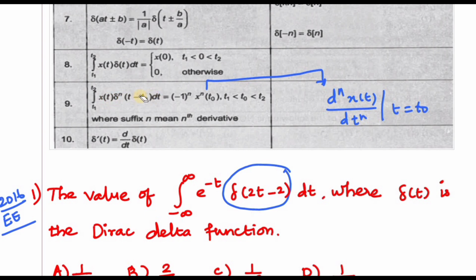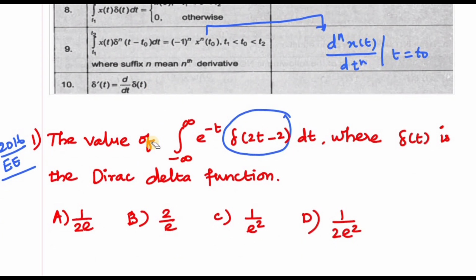Since I need to substitute t as t naught to make this one 0, this n goes here, so minus 1 power n into x power n of t naught. Here x power n represents d power n of x of t divided by dt power n, where t is nothing but t naught. Okay, so this is what it represents. Next, del bar of t is equal to d by dt of del t.